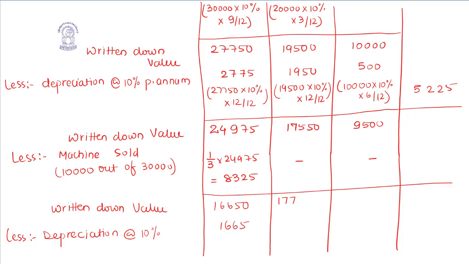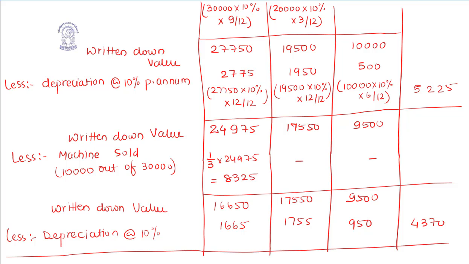Over here it is 17,550 multiplied by 10%, 1755. And over here 9,500 multiplied by 10%, so it is 950. If you do the totals, the depreciation is 4370. I believe you understood.